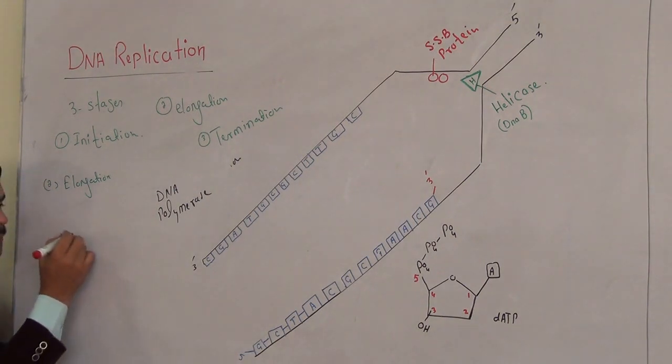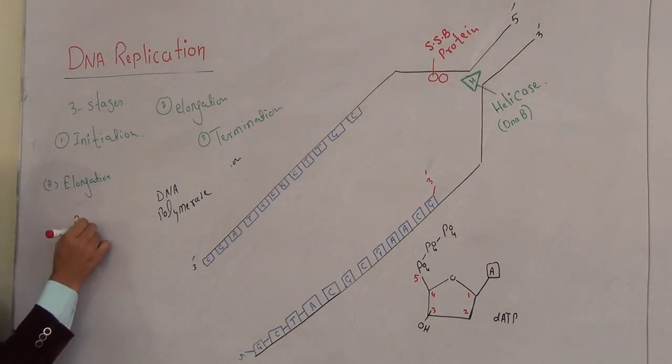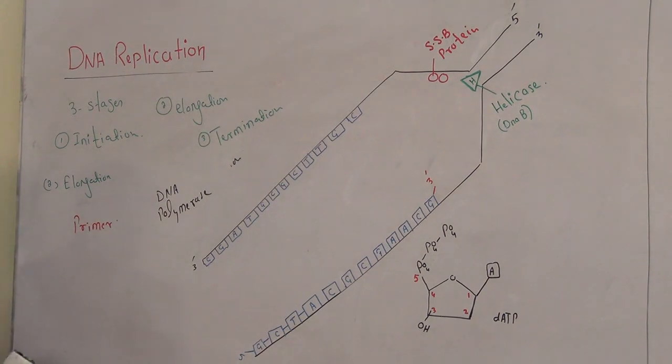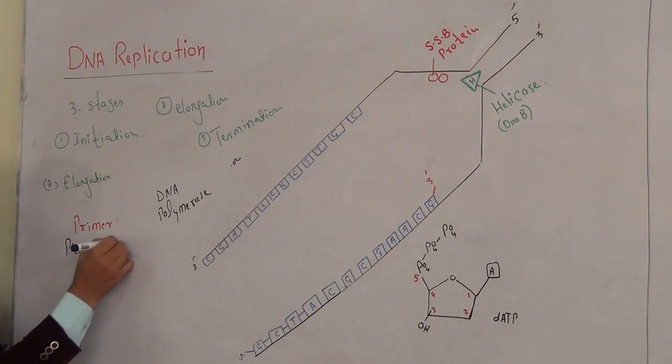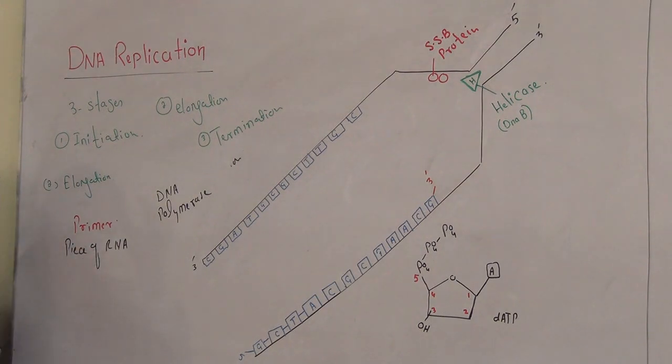So what is it really? A primer is a piece of RNA, a small segment of RNA, right? That contains a free 3-OH.